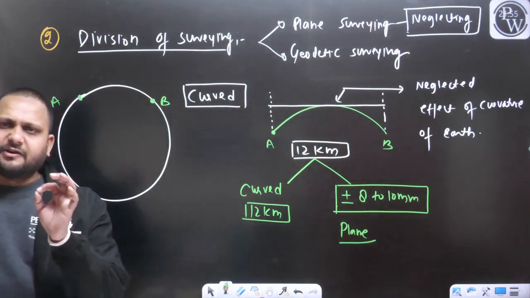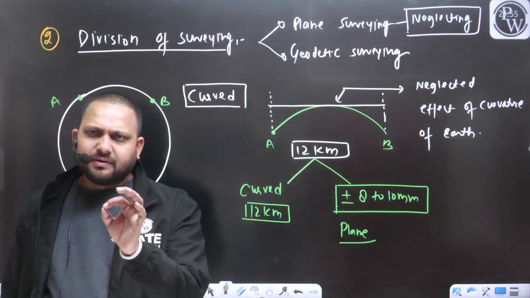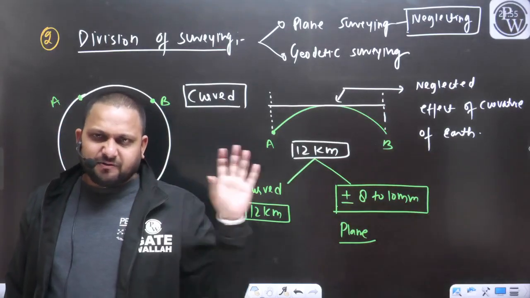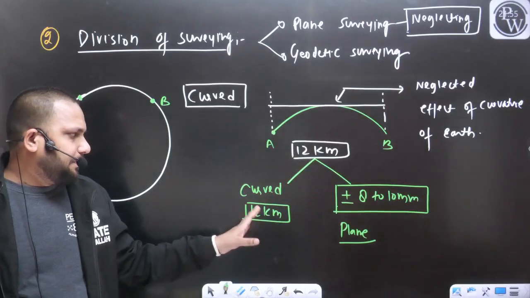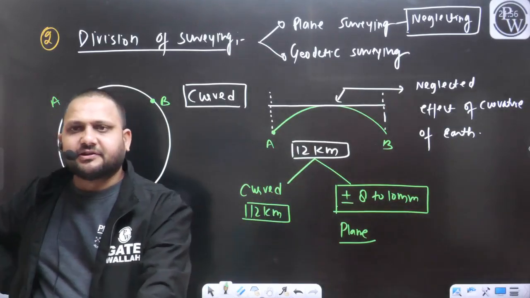There is only a difference of 8 to 10 mm. If we are measuring the curve distance, we are getting 8 to 10 mm more as compared to the plane distance.